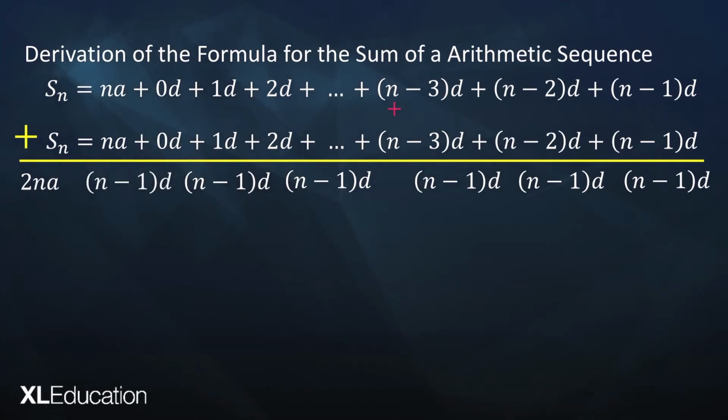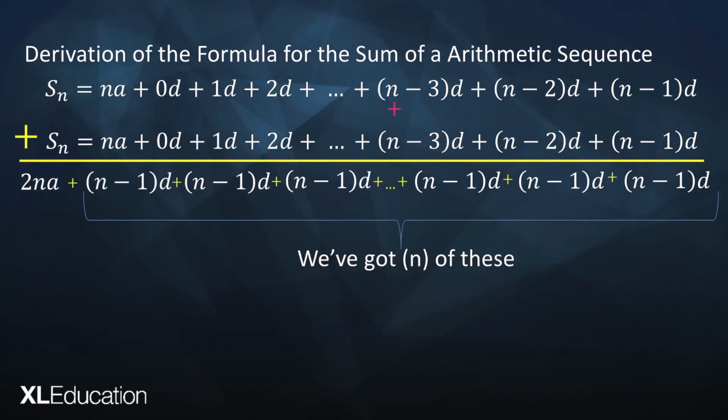So what happens here is that every term at the top has a partner at the bottom that you can pair together in order to get n minus 1d as the result of adding them up. So we have an n minus 1d at the bottom for each and every term at the top. So we've got a number of n minus 1d's equal to n.